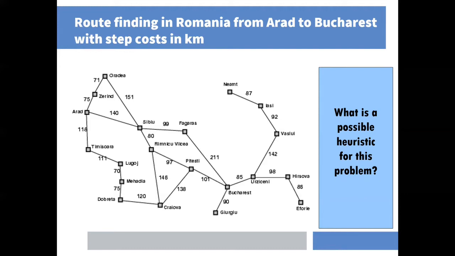I mentioned earlier that the greedy search uses as its evaluation function an h of n, or a heuristic function. For this problem, what is a possible heuristic?